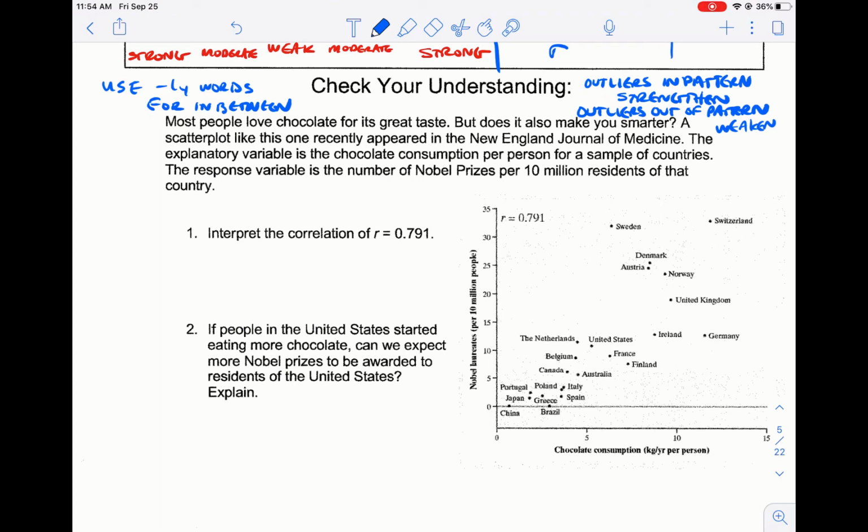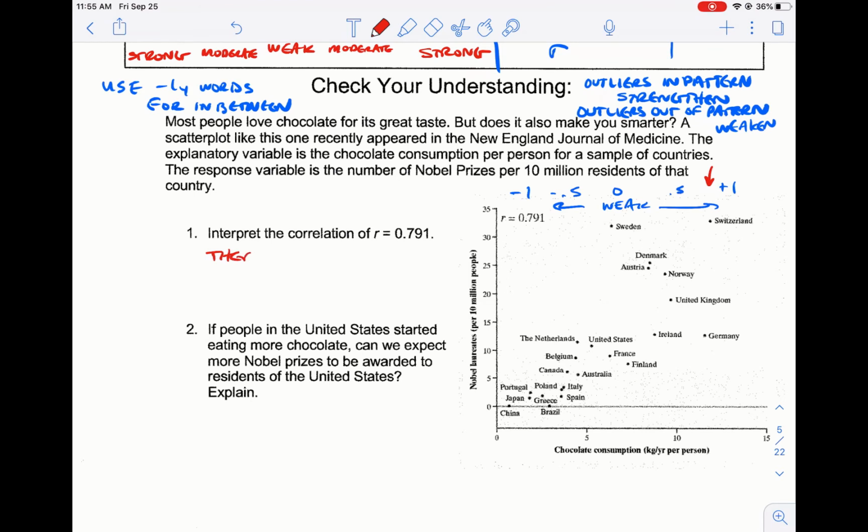So remember, on our scale, if we're at -1, -0.5, 0, which was weak, up to 0.5, and then to +1. As we get toward the ends of the spectrum, that's strong. So where does that fall? Well, 0.791 would fall closer to 1.